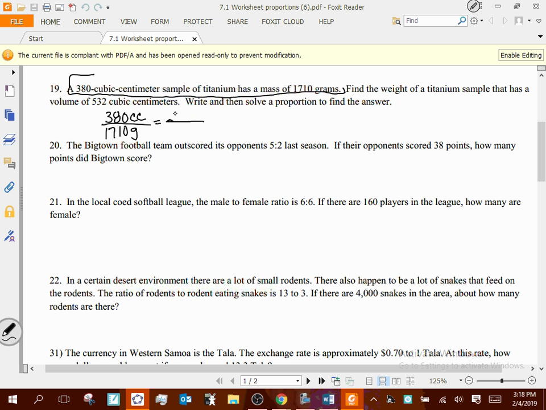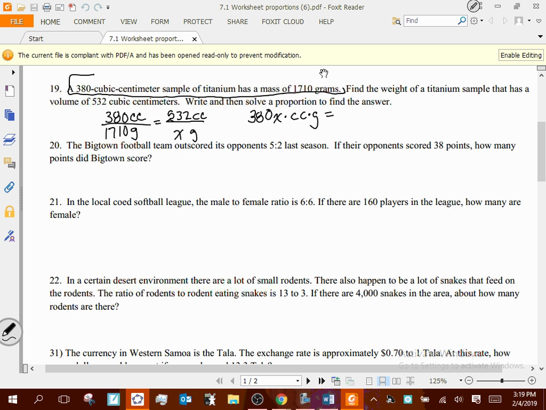So what I'm going to do is say 532 cubic centimeters are how many grams? So the X grams. Now, a lot of times you don't maybe deal with the algebra here to solve with units. And I'm going to multiply the units here just to prove a point to you. When I cross multiply, I get 380 times X. It would be cc's times grams.